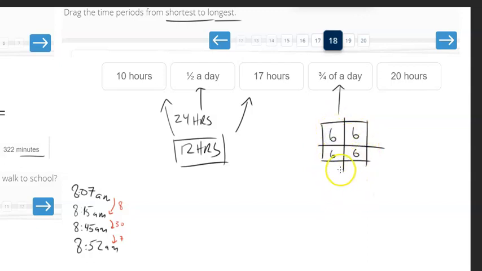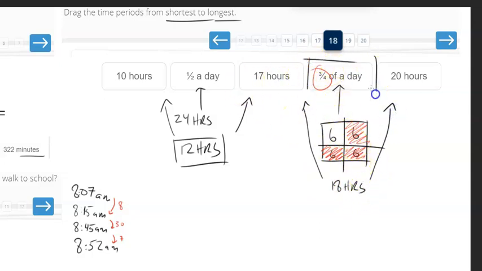So that's 6, 12, 18, 24. And what we want to do is find 3/4 of that. So 1/4 here, 1/4 here, and 1/4 here. So 6, 12, 18. So 3/4 of a day, 18 hours. And 18 hours fits in between the 17-hour time slot and the 20-hour time slot. So we know 3/4 of a day fits here, and half a day fits here.